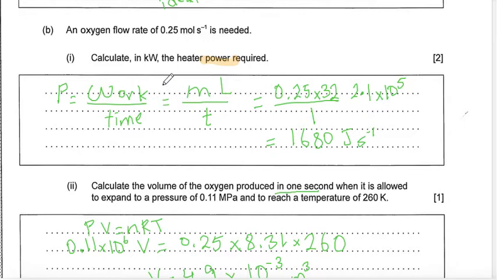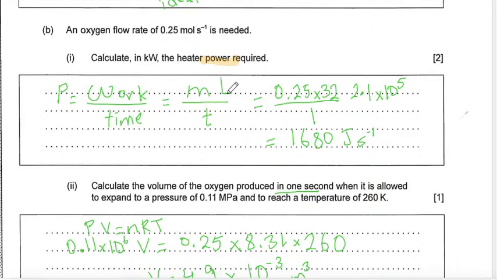What kind of work is being done? Heat energy is being provided, and it's boiling. So we use mL. There is no delta T. We use the energy formula without delta T. So mass times the latent heat divided by time. Then we ask which one of these do we know?